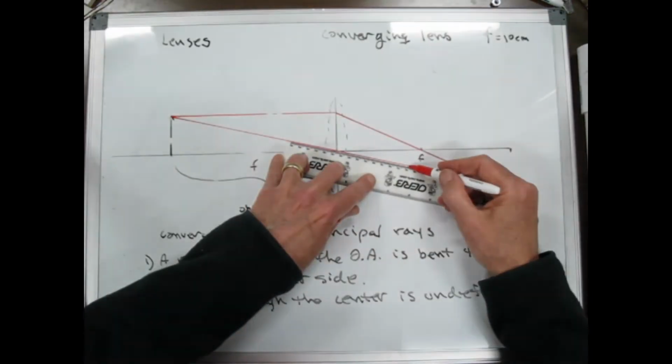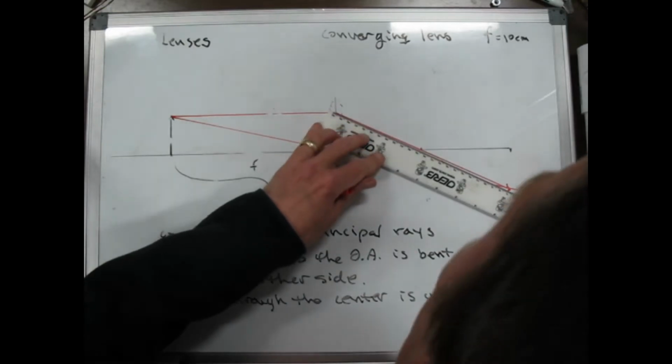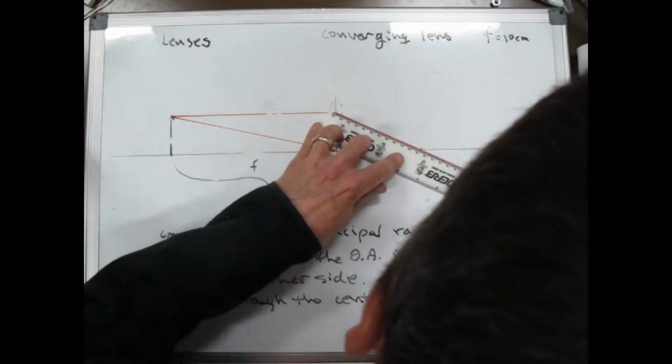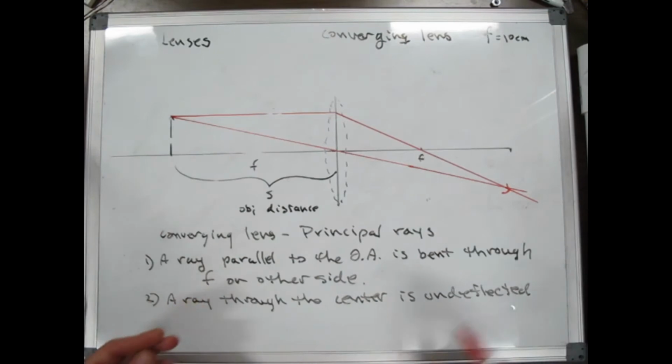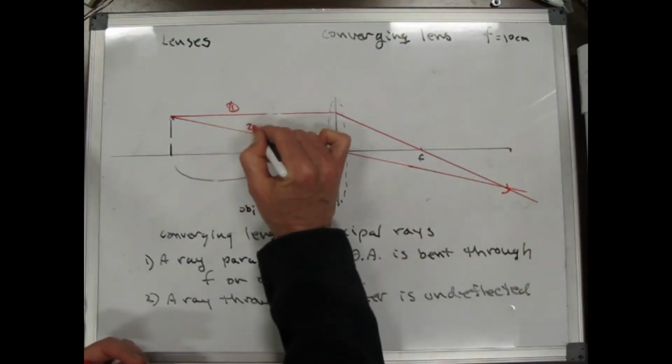I want to draw it from the top of the arrow. Somewhere like here. Let me get those so that they cross well. All right. So this is ray number 1. This is ray number 2.